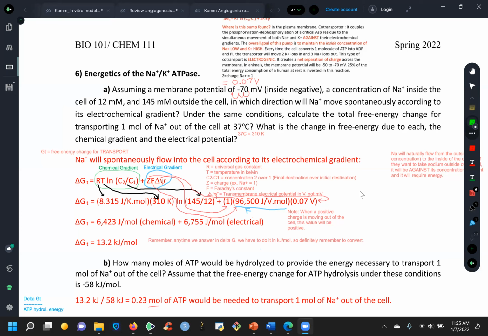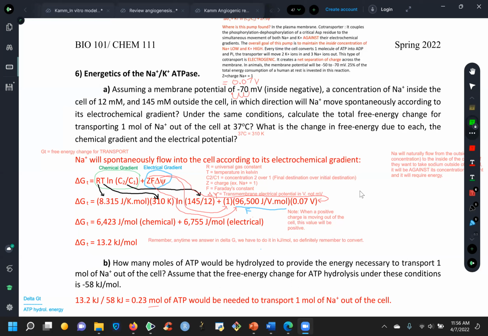Okay. So F is Faraday's constant. That one is hard, so I think if anything, they'll give it to you. They should hopefully give that to you. I don't think anyone would expect you to memorize that.